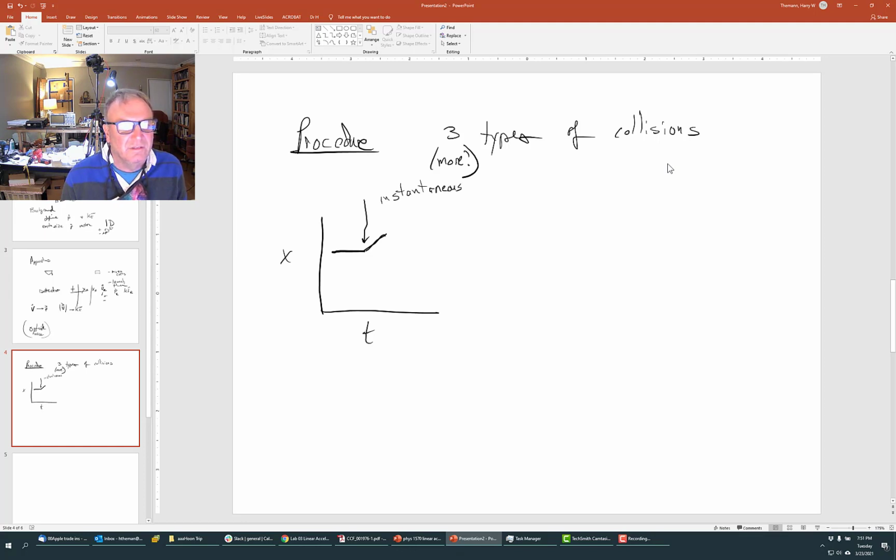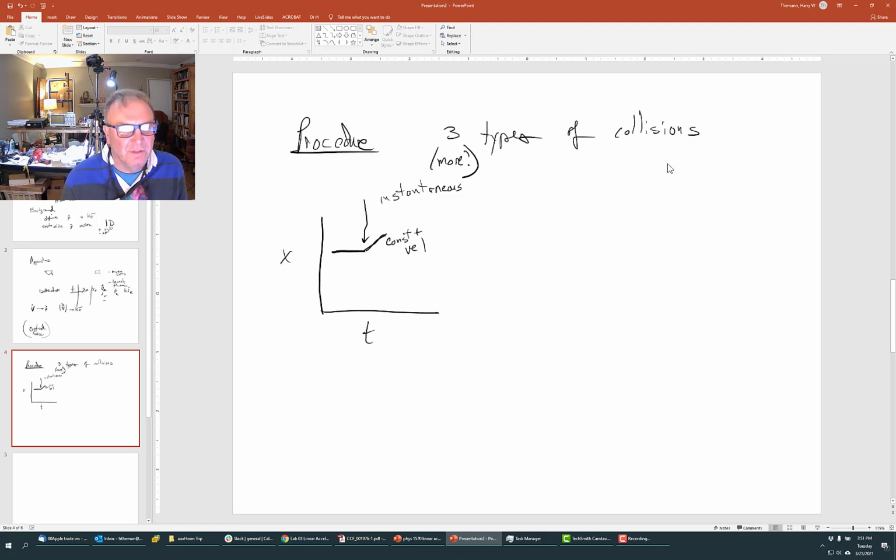So here it's not moving. Here you have some constant positive velocity, etc. So you point out what the graph does for you.